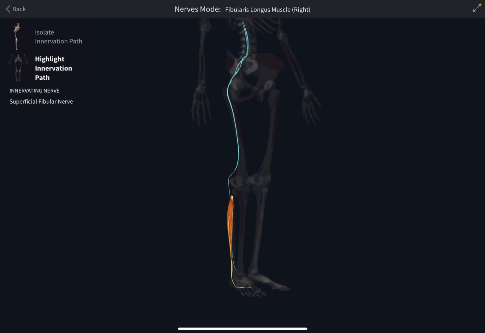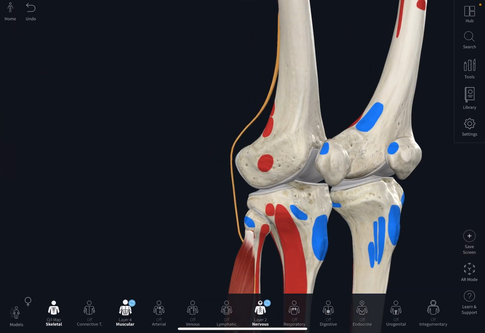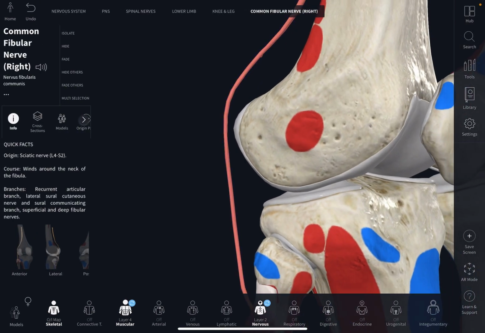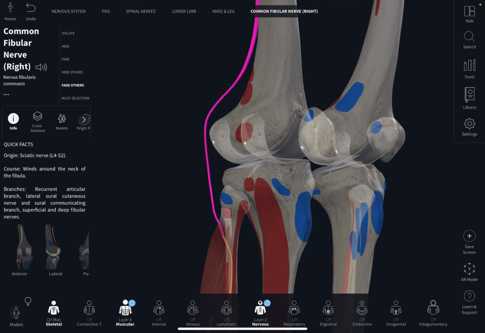And now that we are talking about the superficial fibular nerve, we can talk about the common fibular nerve, which is going to be right up here. The common fibular nerve is going to wrap itself around the neck of the fibula.